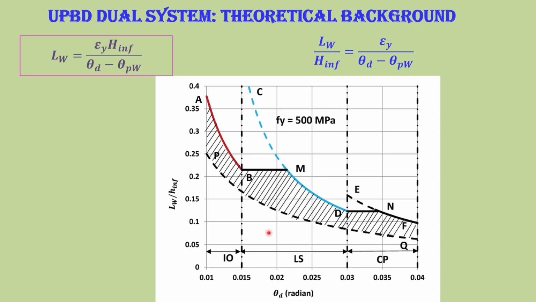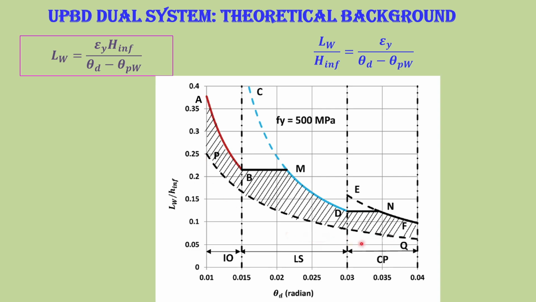So if we have understood this logic, then we take another case of this dotted line. How is it obtained? We put here theta PW equal to 0. When theta PW equal to 0, it is an elastic condition. There is no plasticity. So theta D I can vary from 1% to 4%, and I get this line PQ.